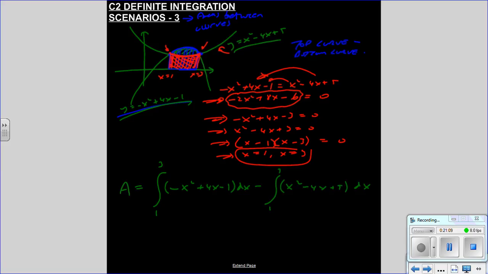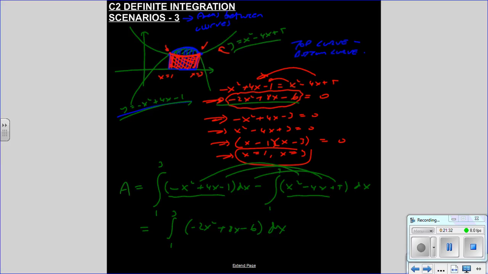But I can save time by, instead of working that separately, putting them together. They're both in the same limits. If I put them together, it's exactly what I did up here. You're just going to end up with minus 2x squared plus 8x take 6.